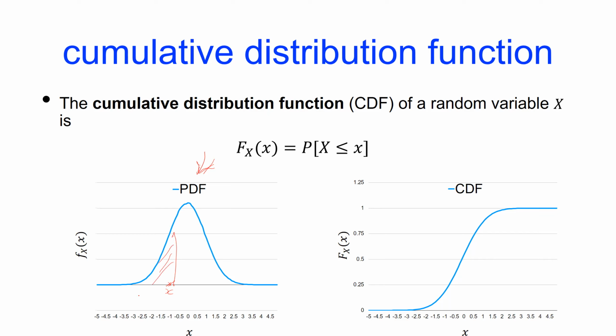So basically, you are adding everything up to that small x. That value corresponds to the y-axis in your CDF, which is the reason why we call it cumulative. You accumulate until that point. The mathematical formula for the CDF is the probability of everything smaller than x. Okay, I hope that makes sense to you.